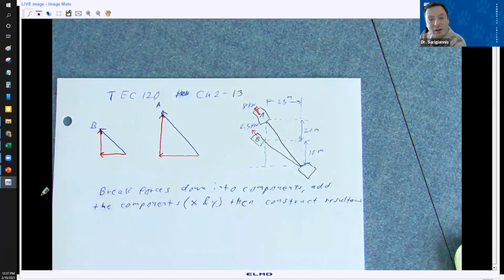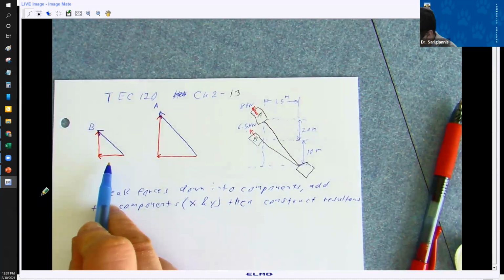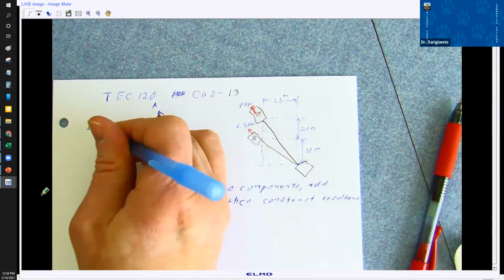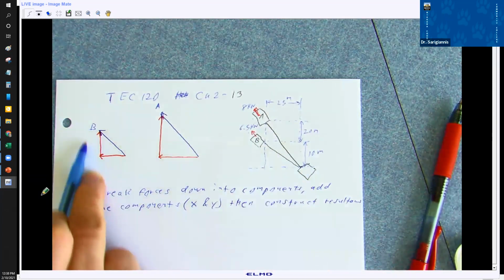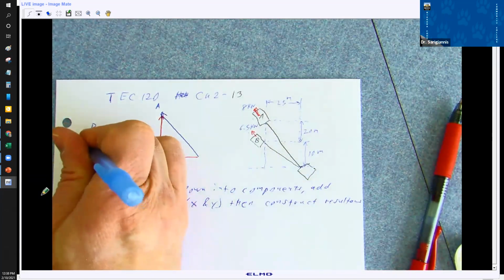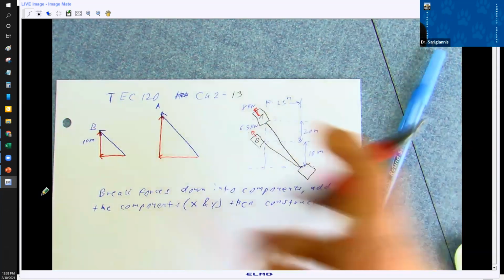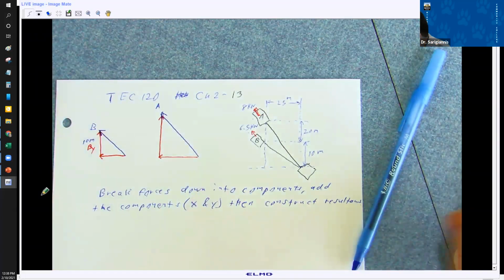All right. Now, I want to start with B here. I'm given some dimensions, right? First of all, I know this is 10 meters in height. This is 10 meters. And I'm going to call this BY for the force.